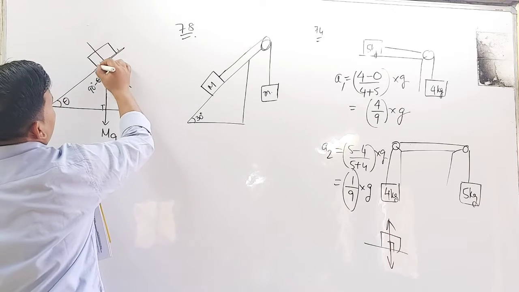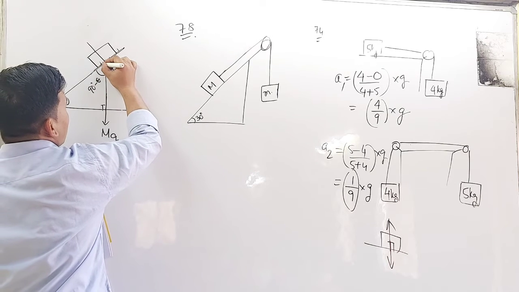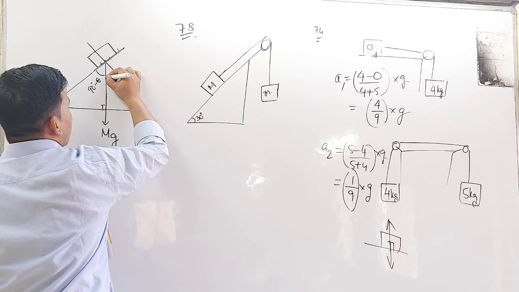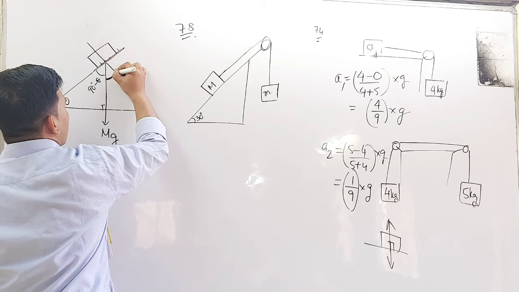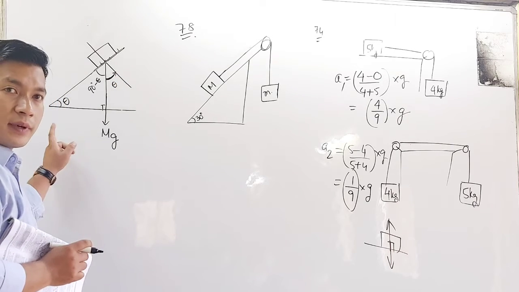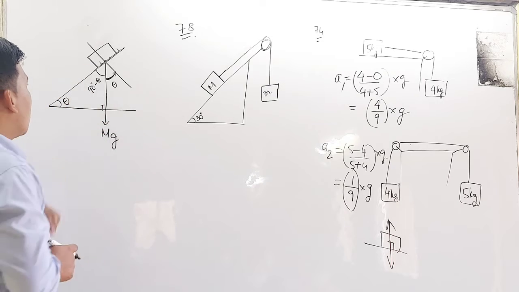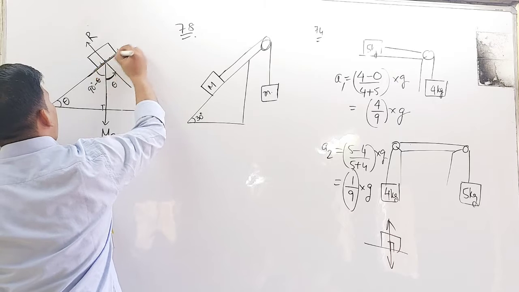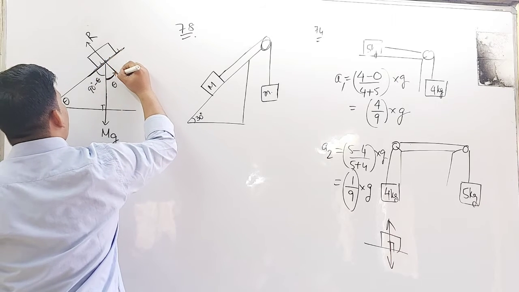You understand, this angle will be 90. This angle will be theta. This is the normal direction, but this normal direction must be perpendicular to the surface.